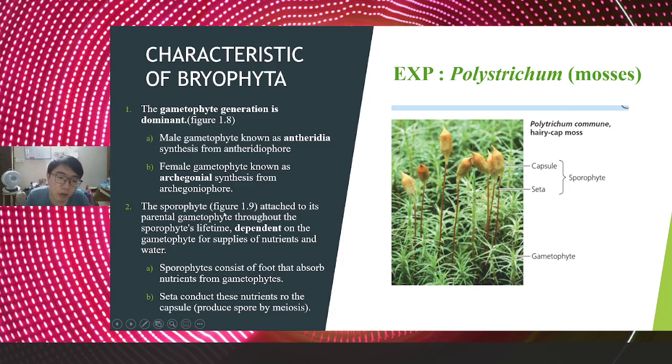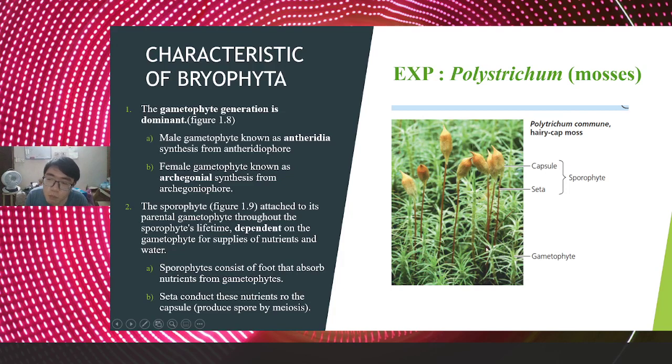Okay, then the sporophyte is attached to its parental gametophyte throughout the sporophyte lifetime, dependent on the gametophyte for supply of nutrients and water. So the sporophyte consists of a foot that absorbs nutrients from the gametophyte and a seta that conducts nutrients to the capsule. For this one, you can see the gametophyte is at the bottom, and the sporophyte is only small.